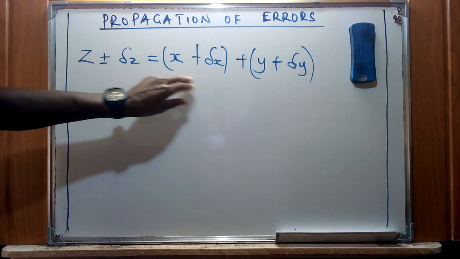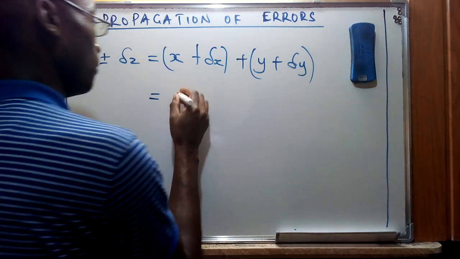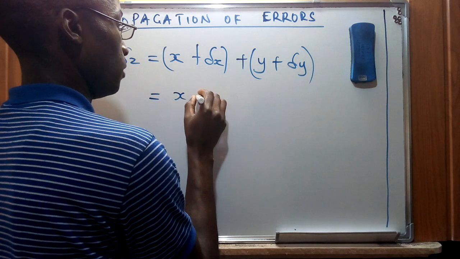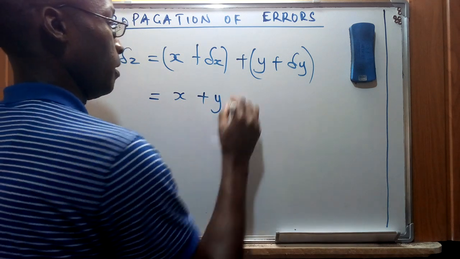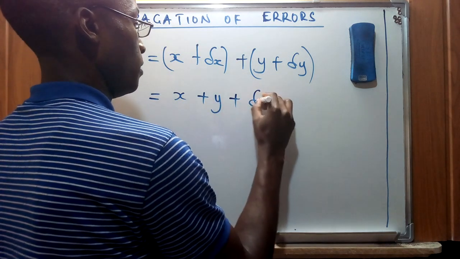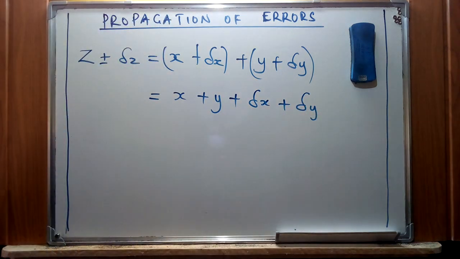Sorry for that. We're just going to open the brackets and rearrange this and see what it gives. The section that does not contain errors we rearrange, and have the errors given at the far end.